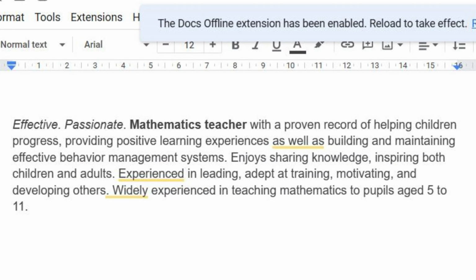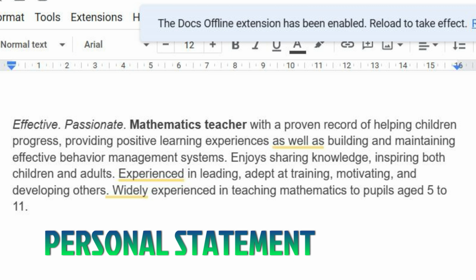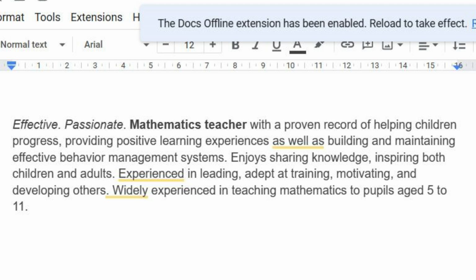With a personal statement, there's an example: effective, passionate mathematics teacher with a proven record of helping children progress, providing positive learning experiences, as well as building and maintaining effective behavior management systems.